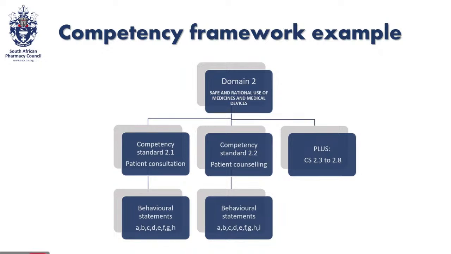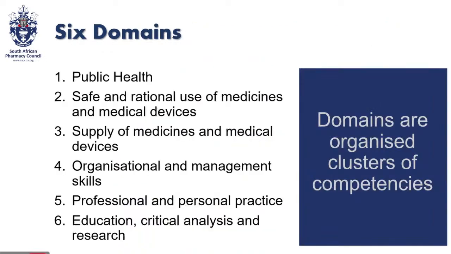When we look at an example, you will understand what we mean when we say you have to achieve the behavioral statements. This is what the competency framework looks like, and you can find it in your manual as well. Tabang has mentioned the 6 domains: public health, safe and rational medicine use, supply of medicine, organizational and management skills, professional and personal practice, and education.